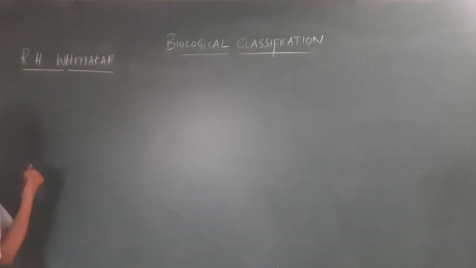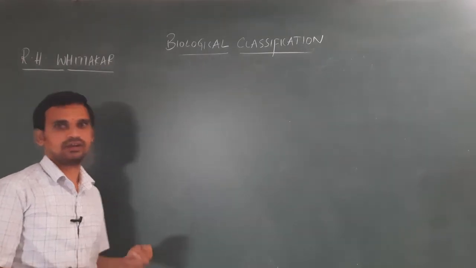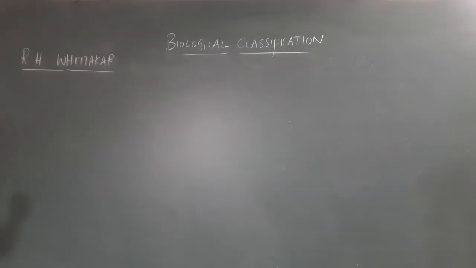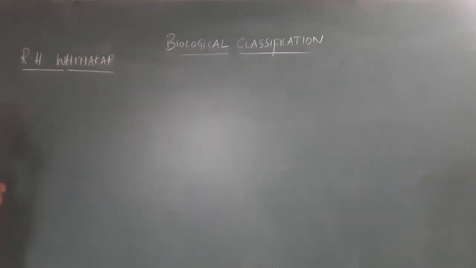First, Aristotle classified the organisms based on morphological characters. Later, Linnaeus classified the organisms based upon the cell wall. After Linnaeus, R.H. Whittaker classified the organisms by taking different characters. Taking only one or two characters to classify the organisms is not enough. Why?